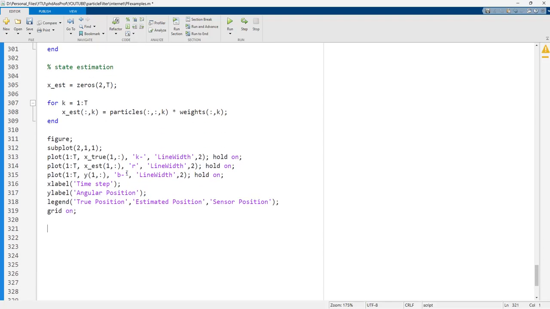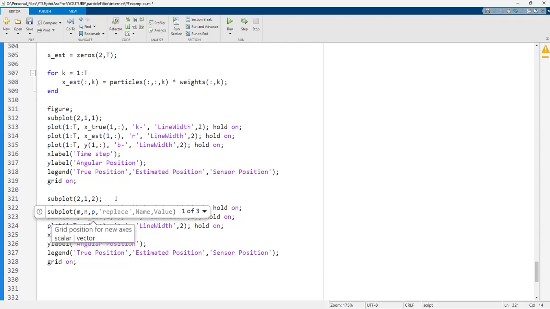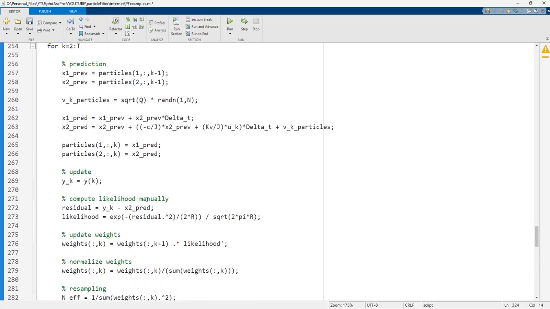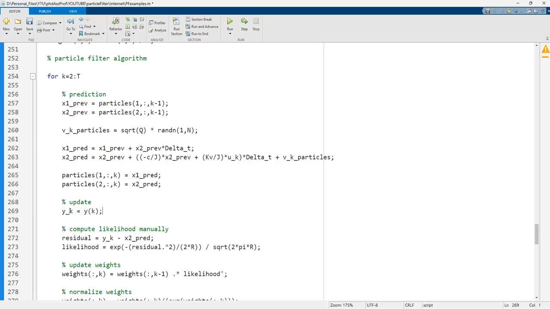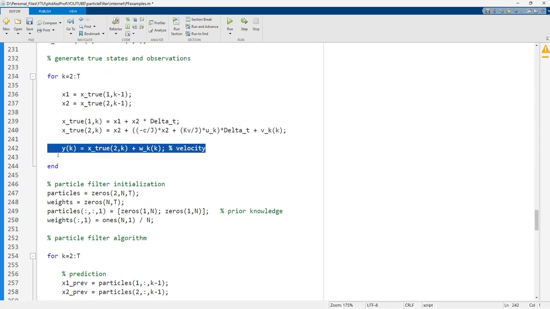Okay, after that we can write the same condition for the velocity value, subplot 2, but the y is obtained, yk only contains this one.